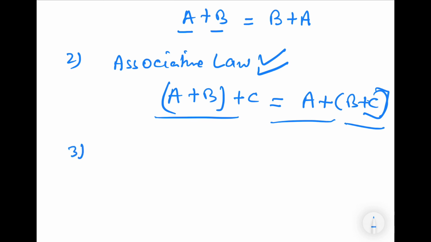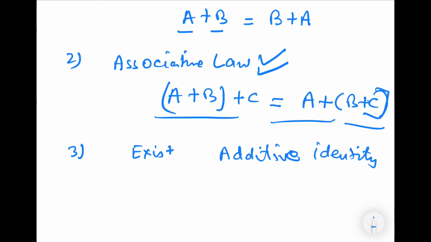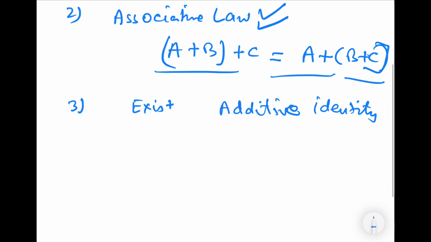Now third is there exists an additive identity. Additive identity means if we add that identity to a matrix, then we get the matrix itself.